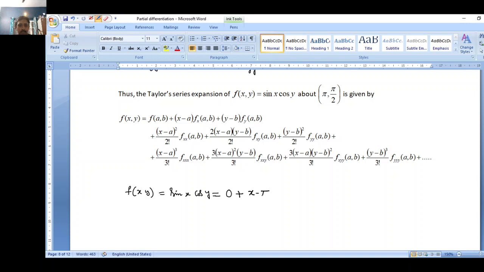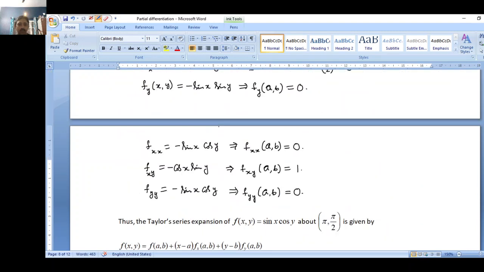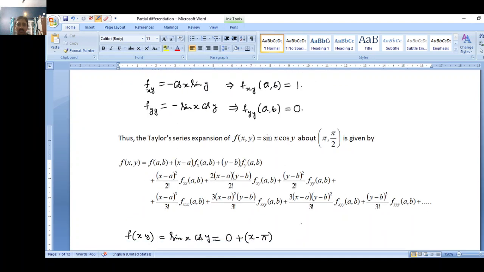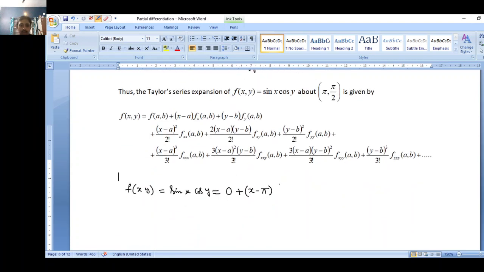When you say a is going to be pi, x minus a into fx of a comma b. Fx of a comma b, if you remember, all the terms except fxy are 0. So we'll just remember that and then substitute them accordingly. So x minus pi into 0 is what we get.